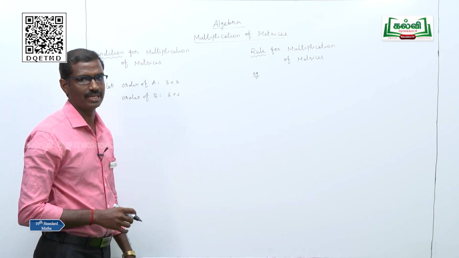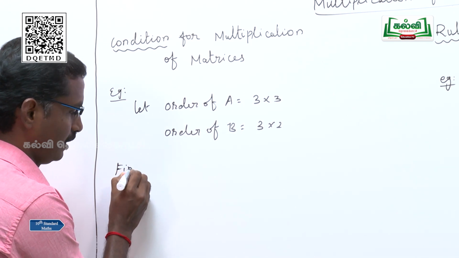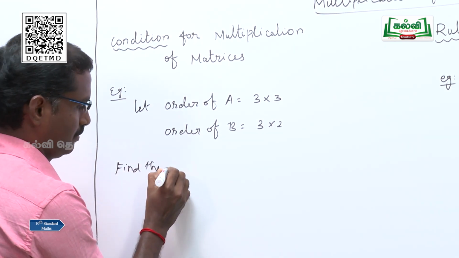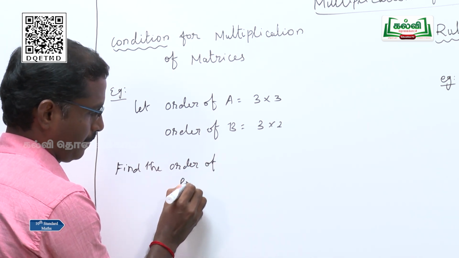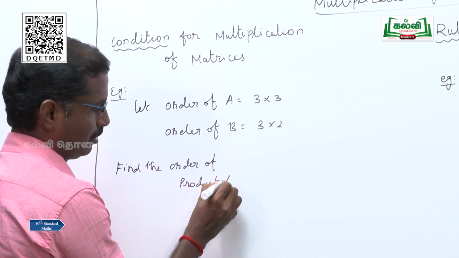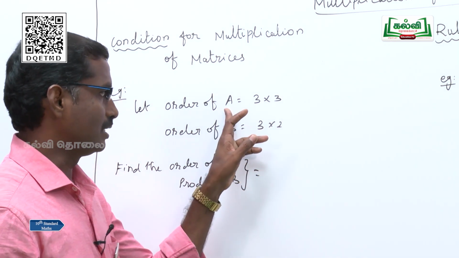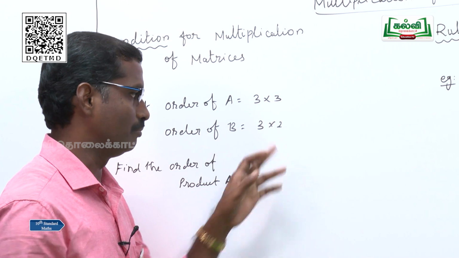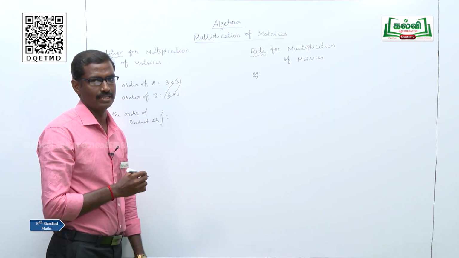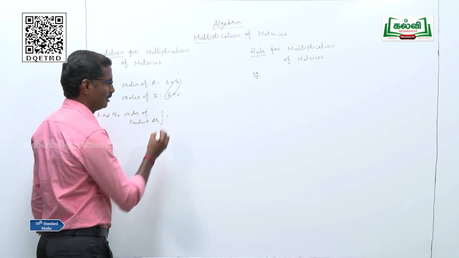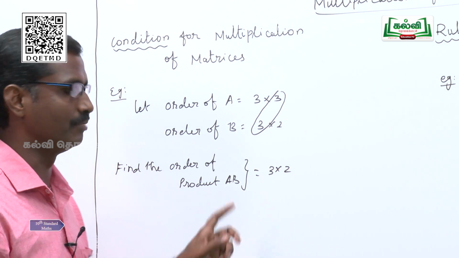Now we are going to find the order of product AB. In the first matrix the number of columns and in the second matrix the number of rows are both equal, so we can find the order of product AB. The remaining values, 3 by 2, is the order of product AB.